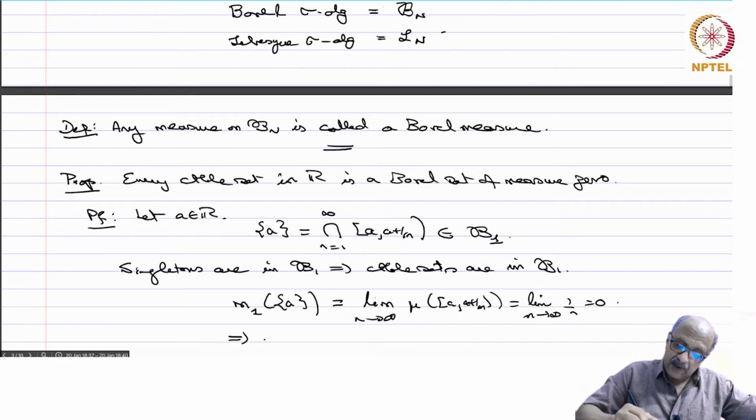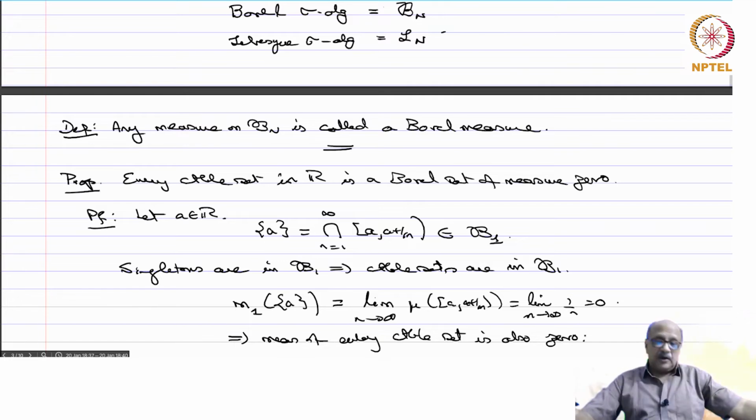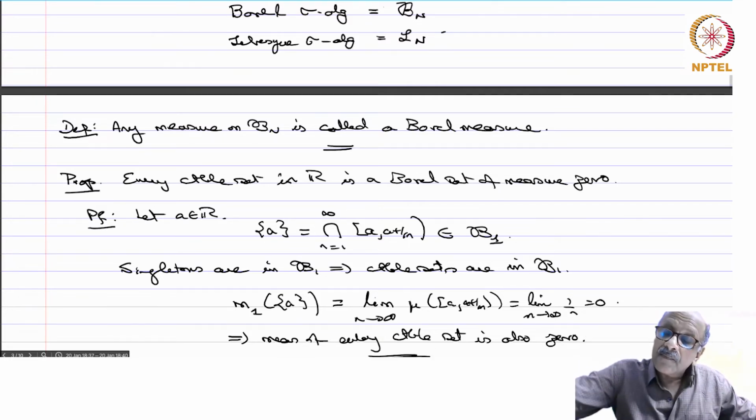So this implies the measure of every countable set is also 0, because a countable set is a countable disjoint union of singletons, and therefore that proves this proposition. Okay.